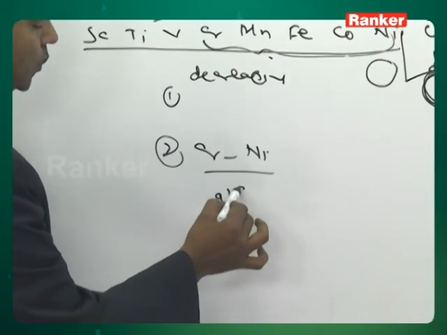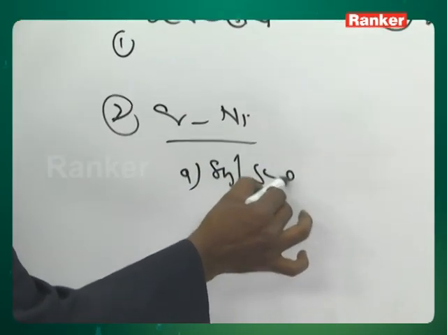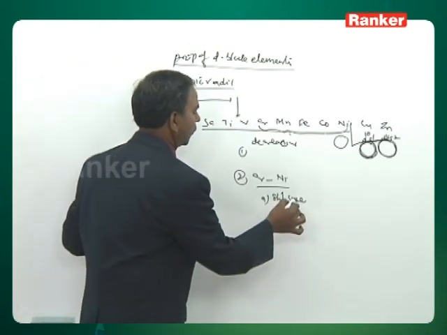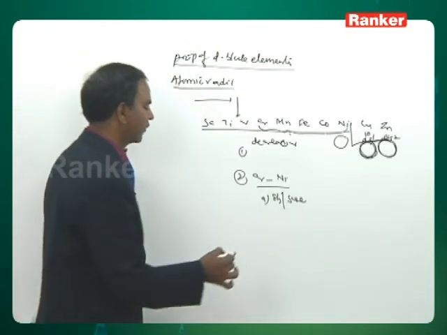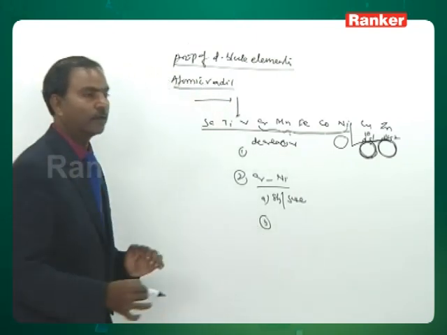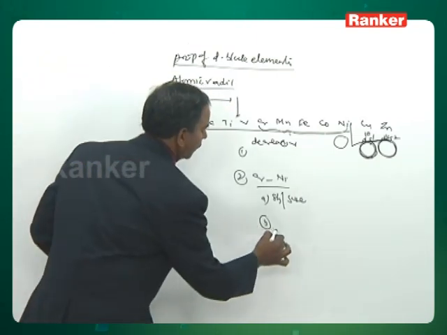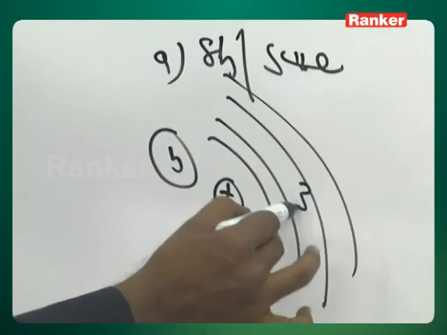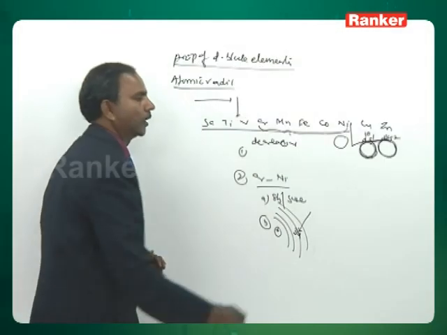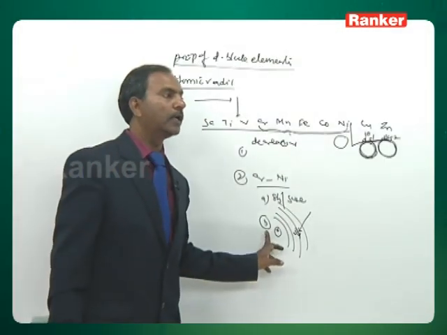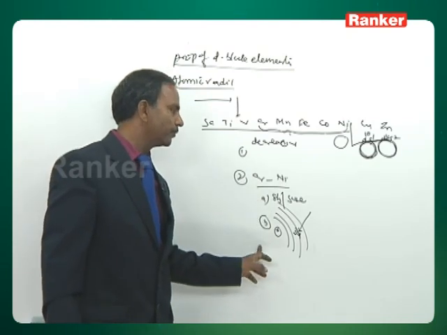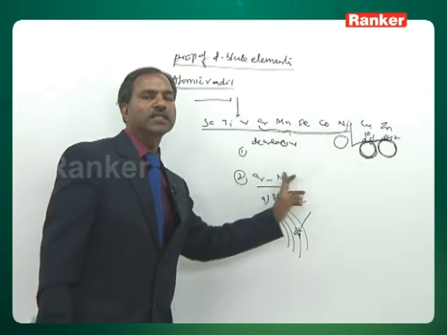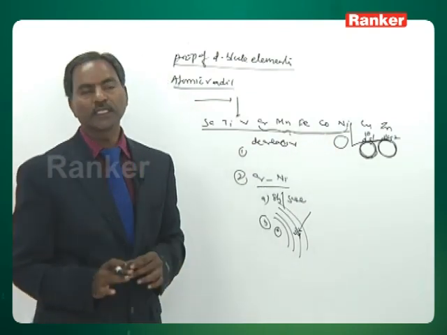We can say it is due to the shielding effect or the screening effect. Second point, it is due to entry of differentiating electrons into d orbitals of the penultimate shell. Due to these two reasons, from chromium to nickel, the atomic sizes are found to be more or less identical.